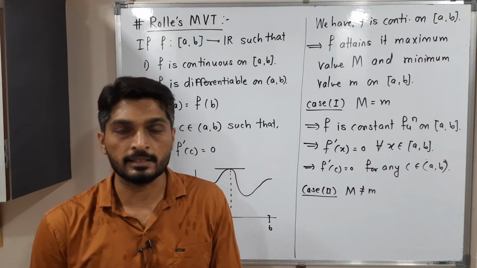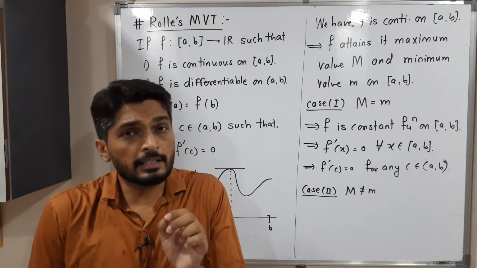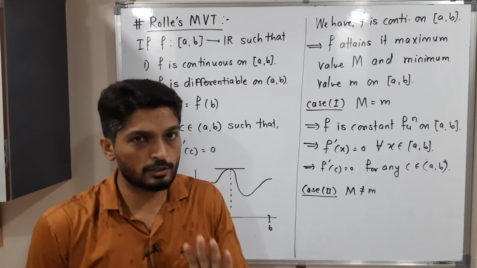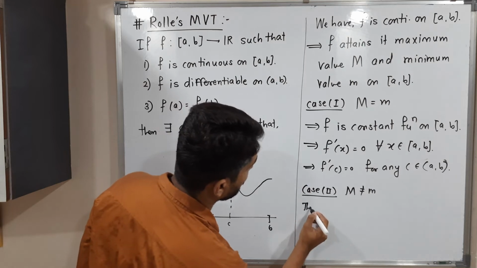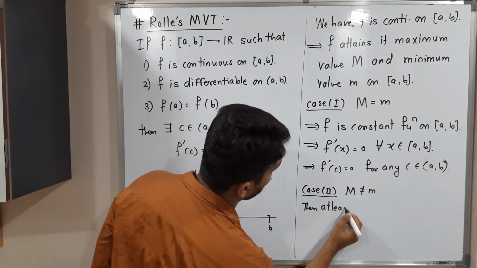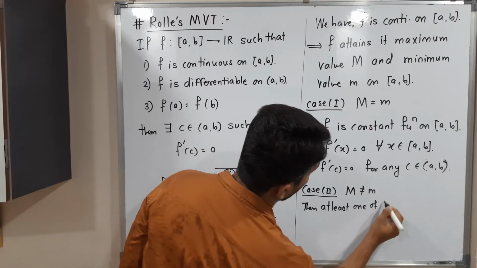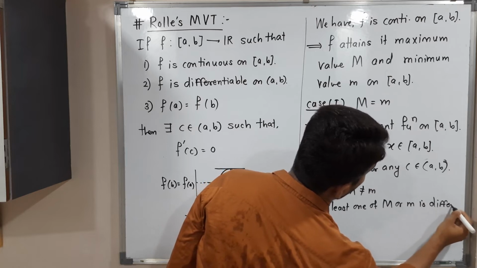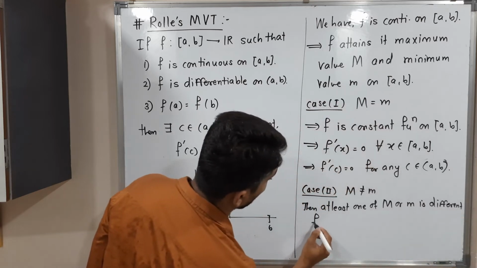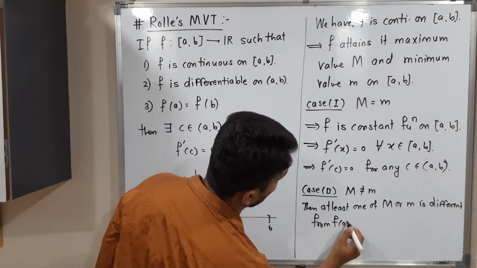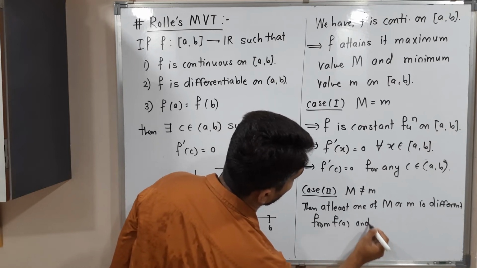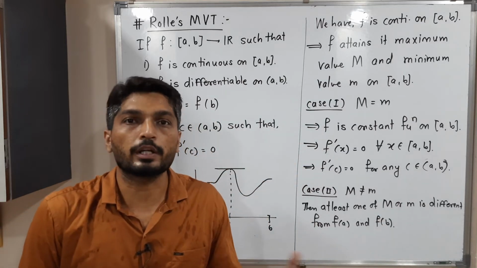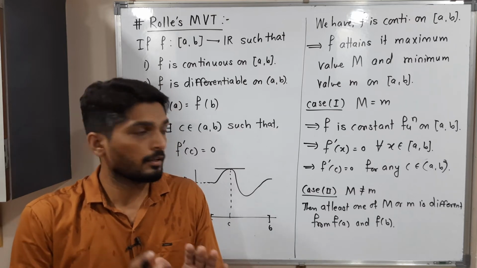So here we say that at least one of capital M or small m is different from f of A and f of B. Let me write here: then at least one of capital M or small m is different from f of A and f of B. So that means capital M is not equal to f of A and f of B, or small m is not equal to f of A and f of B. So this thing we obviously get.